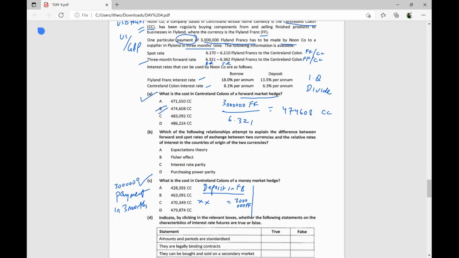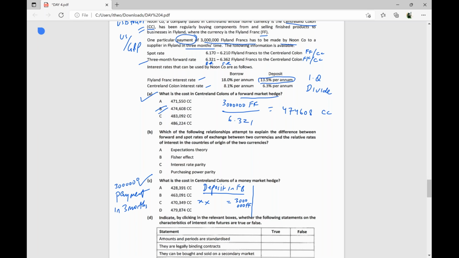If you are paying 3 million in 3 months, deposit in a foreign bank, not the full amount, a lesser amount X, so that when the deposit earns interest for 3 months, you get 3 million. So depositing FF, how much interest is it giving? 13.5% per annum.